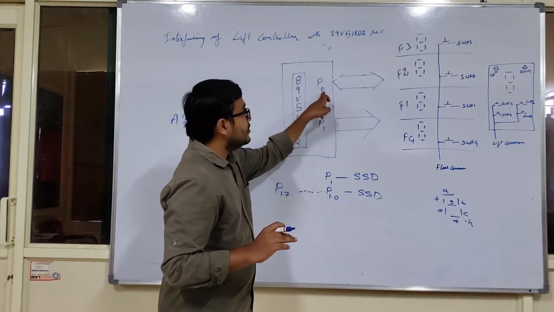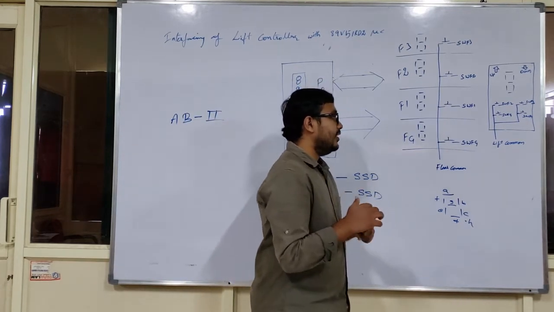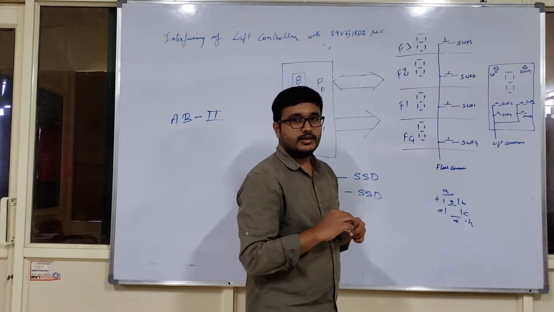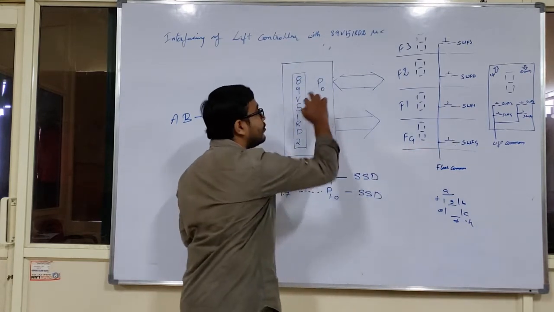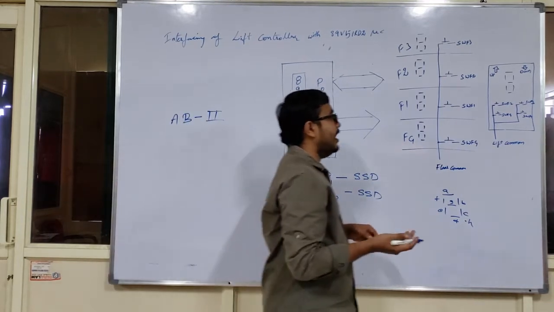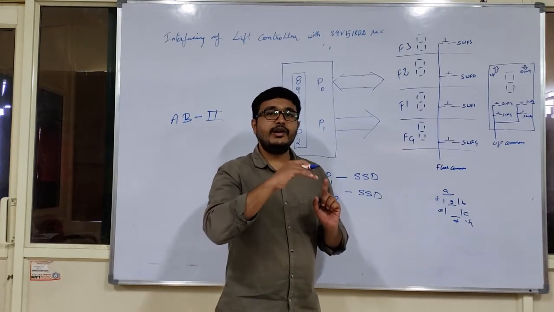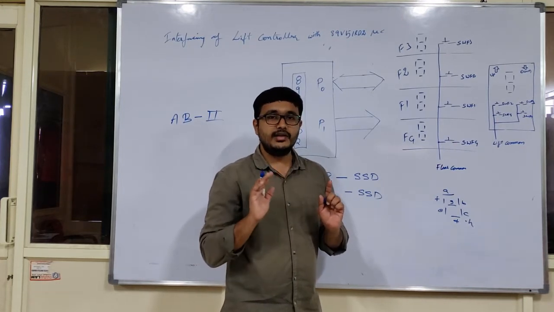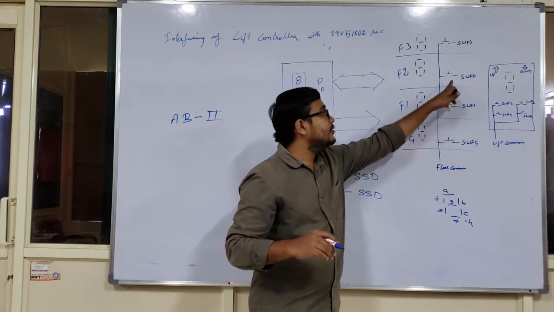Now coming to port 0. I have said that whenever I press the push button, this push button is interfaced with port P0. So how many push buttons may I have? I will have a single push button at each and every floor outside of each lift. So push button 0, push button 1, 2 and 3.